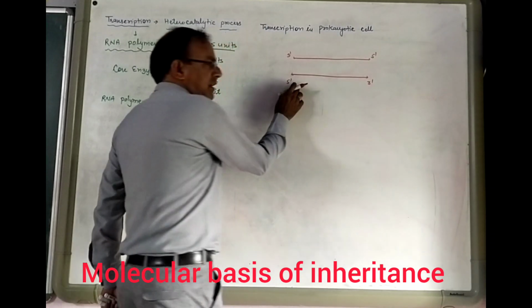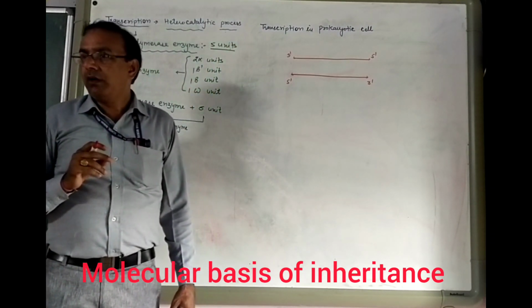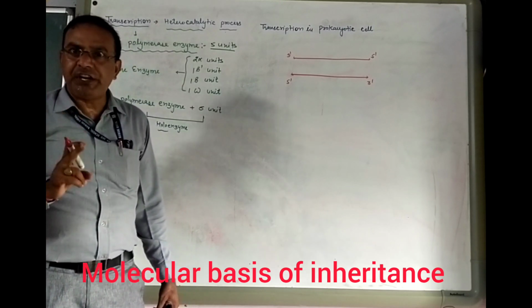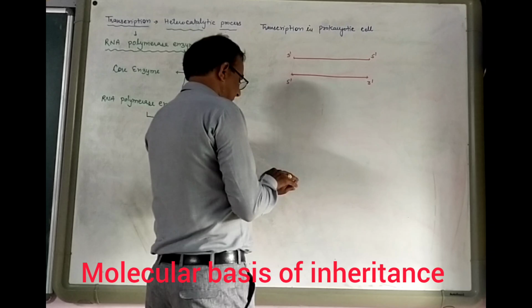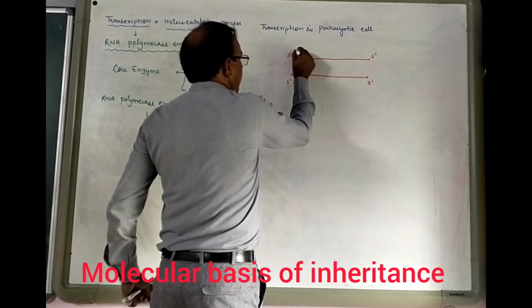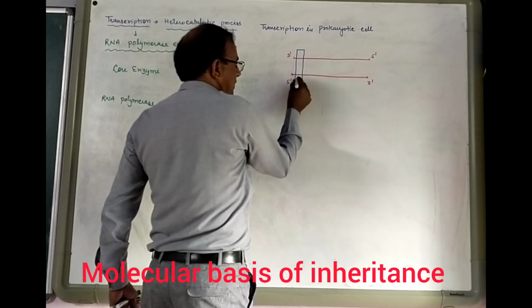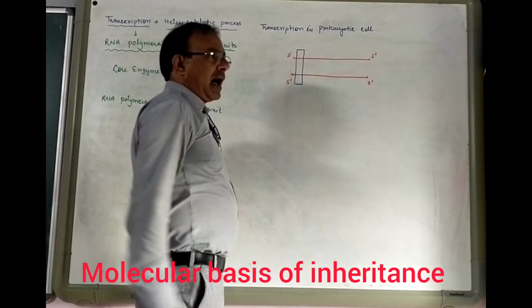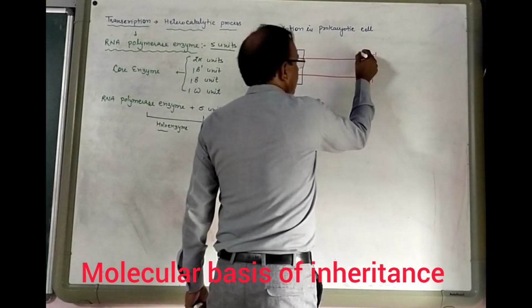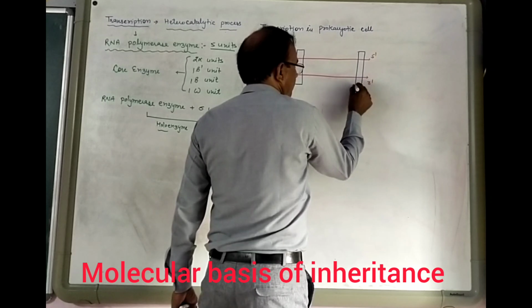So we have already stated there are 3 more units that also help in transcription: promoter, structure of gene, and terminator. Suppose this is the promoter end. A promoter is attached at the 5' upstream of the coding strand. This is the coding strand, this one is the template strand.